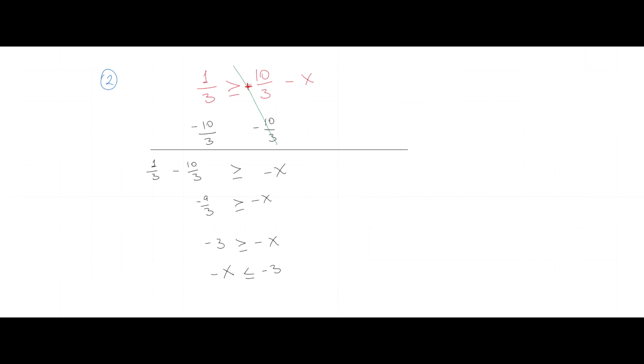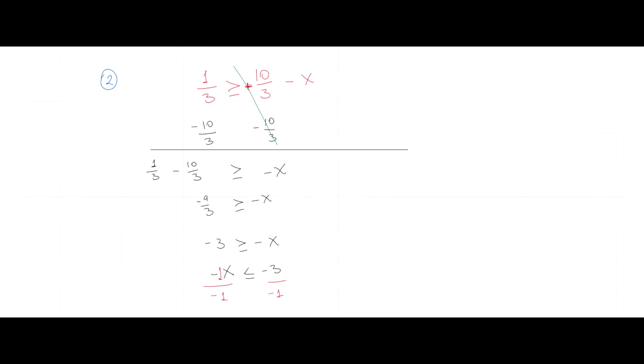In front of the variable x, there is a -1, an invisible one. So in order to cancel out this -1, we're going to divide by -1 and flip that inequality sign.